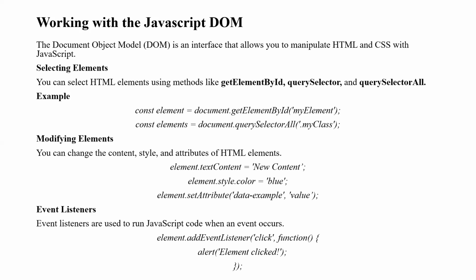So then modifying an element: you can modify an ID, a selector, a query, and other elements like that. And the event listener. An event listener is used to run JavaScript code when we have an event, like after filling a form, when I click submit, the submit button should tell me that the data I input has been submitted, and within 2-3 weeks I will get feedback in my email.